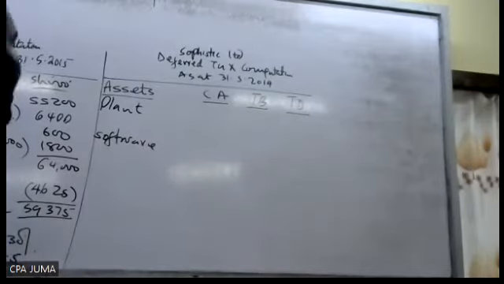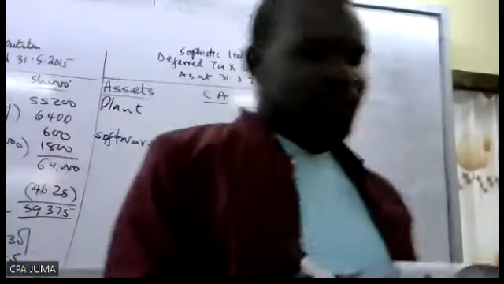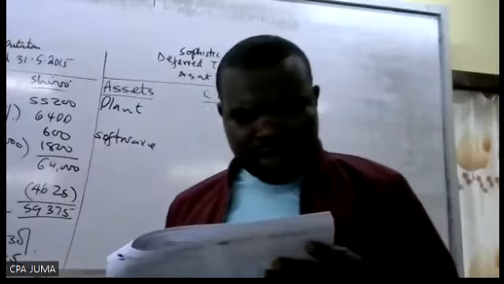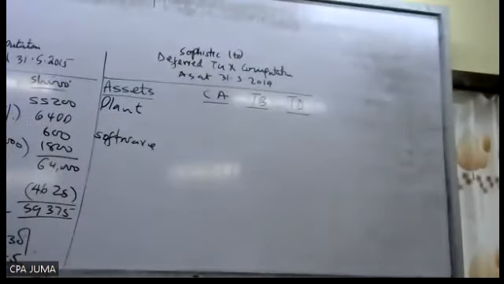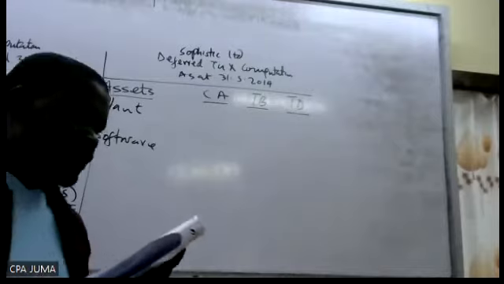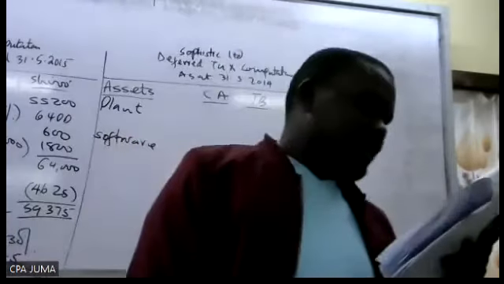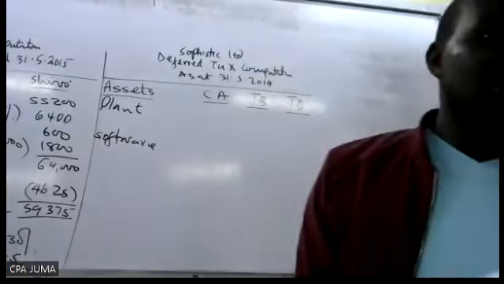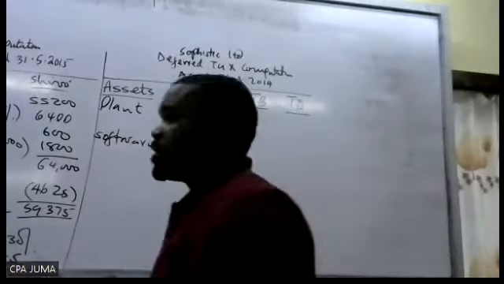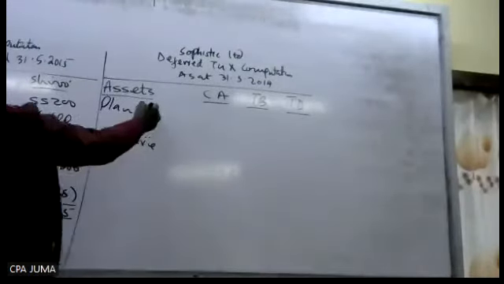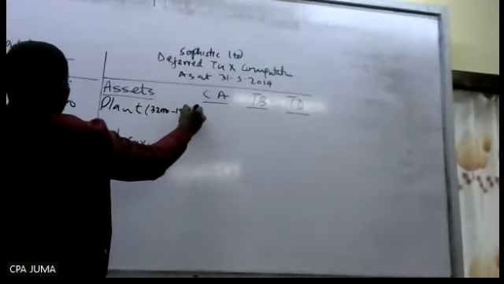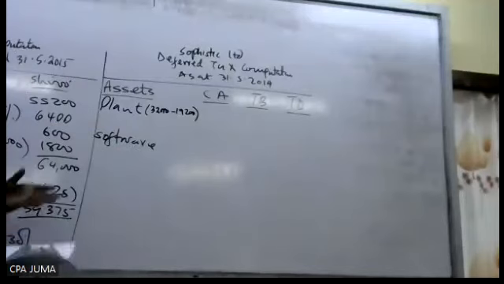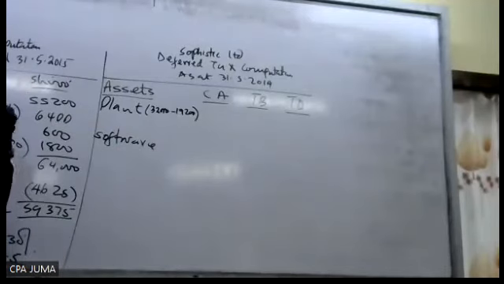So in 2014, for plant, what was the net book value? Check note 2. Are you seeing the cost for 2014? 32. Yes. Accumulated depreciation 2014, 19,200. The difference is the net book value. So take 32,000 minus 19,200 and get the carrying amount, as easy as that.